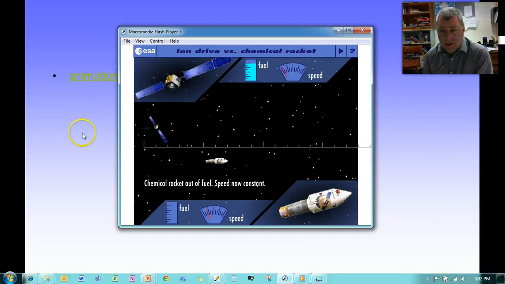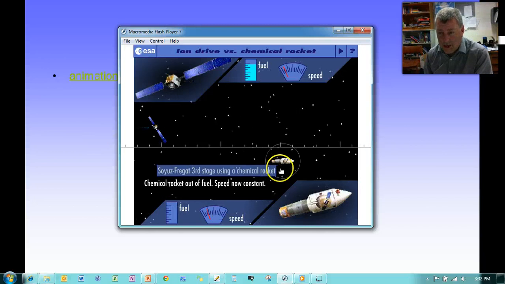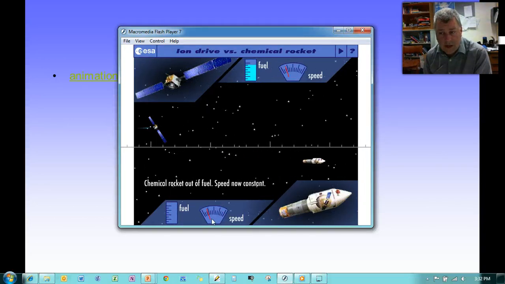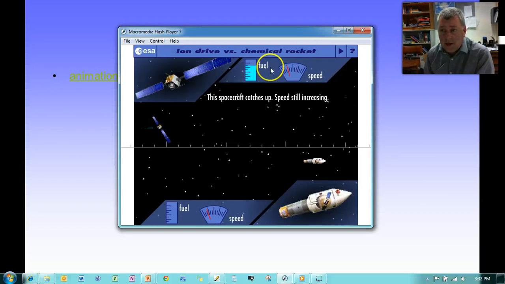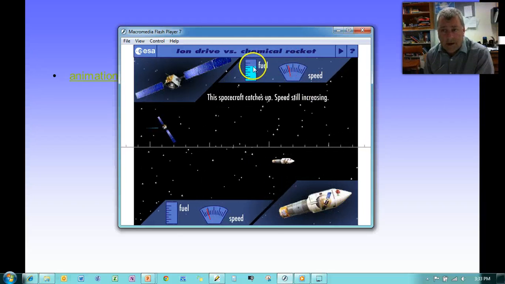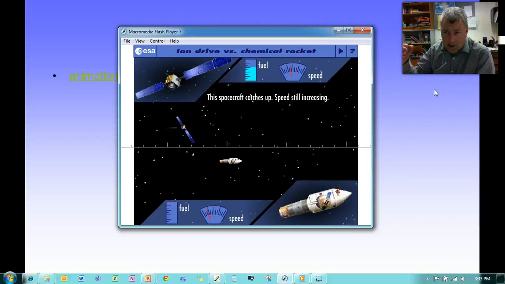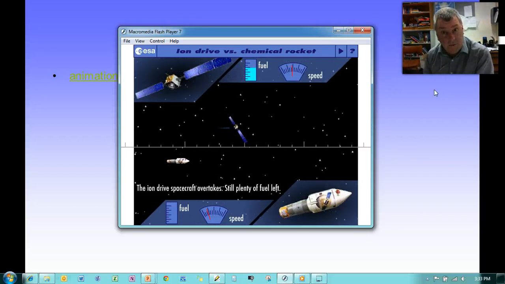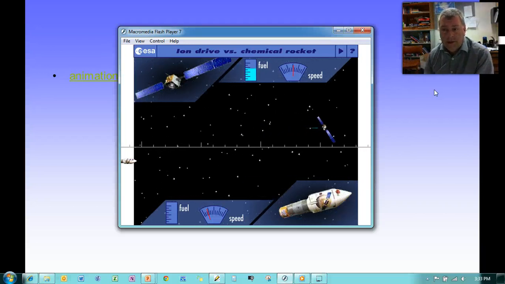And an ion engine doesn't have as much thrust, so it's not instantaneously powerful, but here you can see the chemical engine has already run out of fuel, reached its maximum speed, and then travels at constant speed, whereas the ion engine is slowly using its fuel, slowly accelerating, but is using a lot less fuel, and now it's going to overtake, yay, the chemical rocket, and it's still accelerating, so it can get faster and faster and faster whilst that engine's firing.